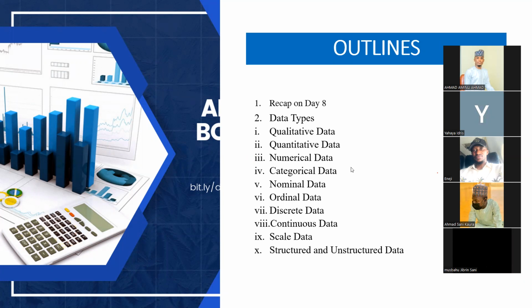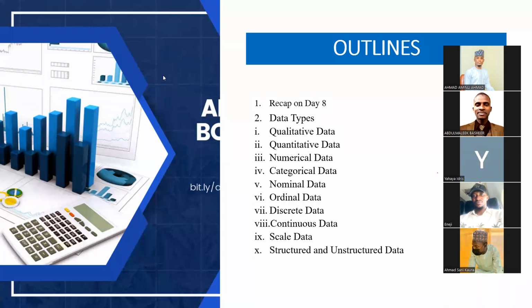Sometimes some people call numerical data scale data. Scale data is any data that can be measured, like I said, the height, the weight, the salary, the age of people. You can measure the age of people. So that's scale data, and you will sometimes hear about the scale.